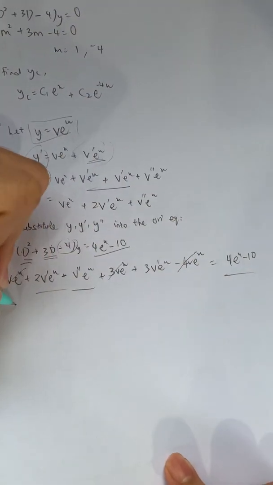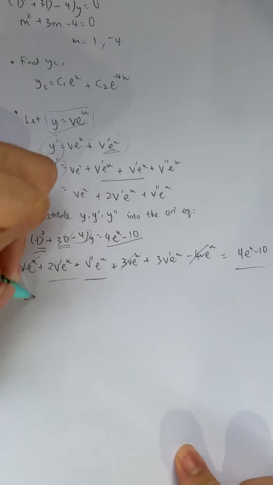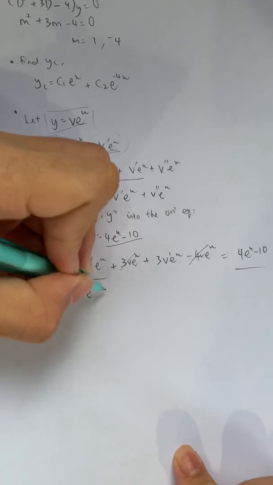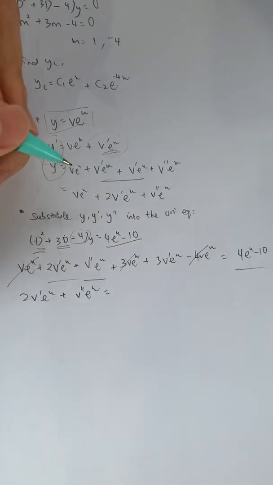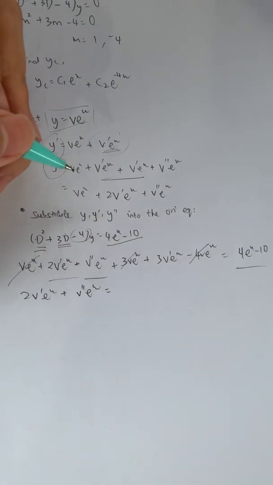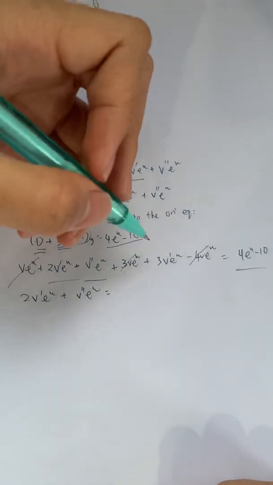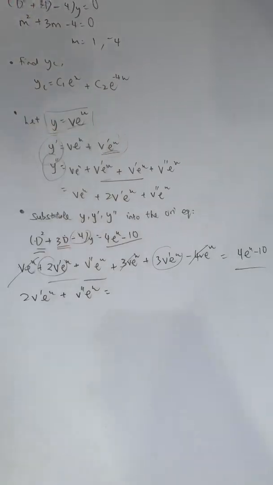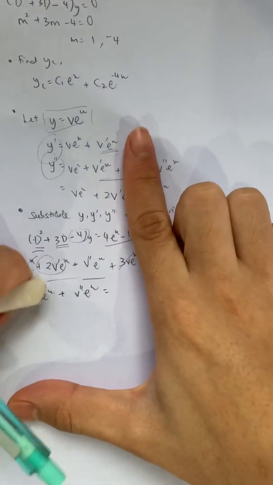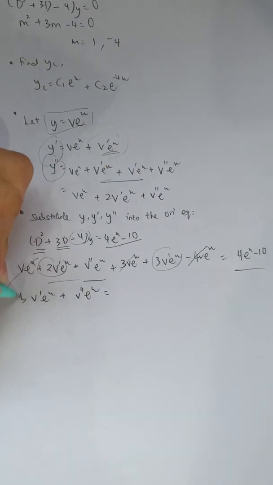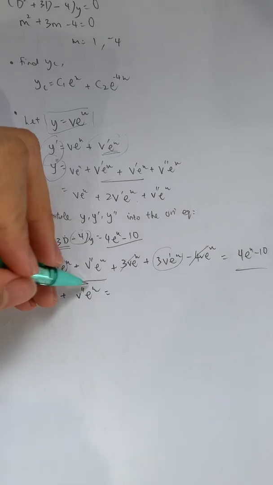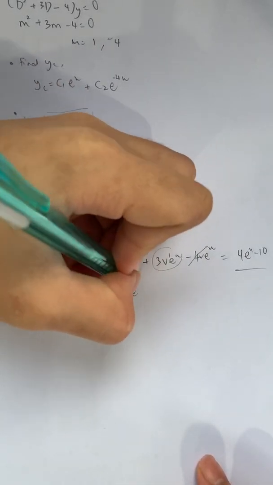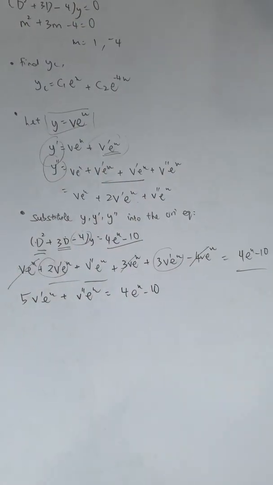So we write down 2v prime e^x plus 3v prime e^x, we get 5v prime e^x plus v double prime e^x equal to 4e^x minus 10.